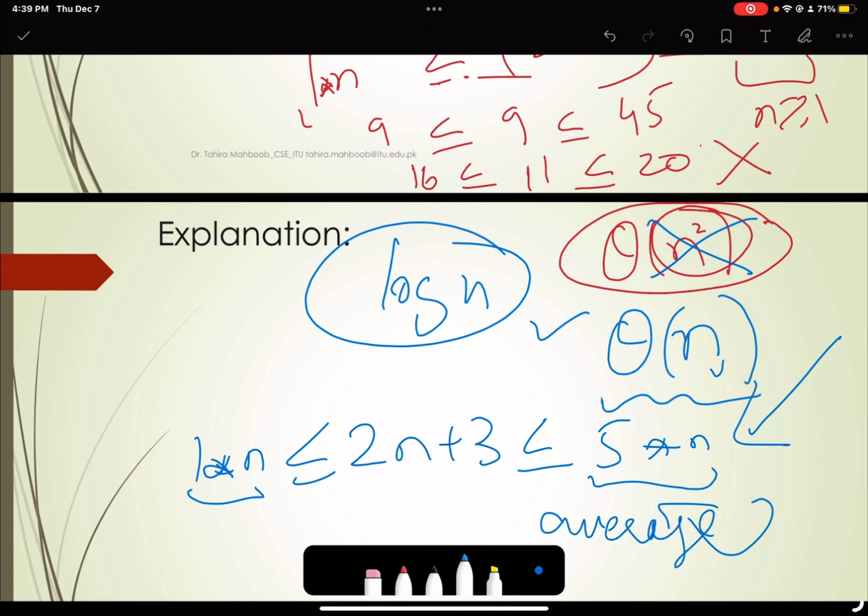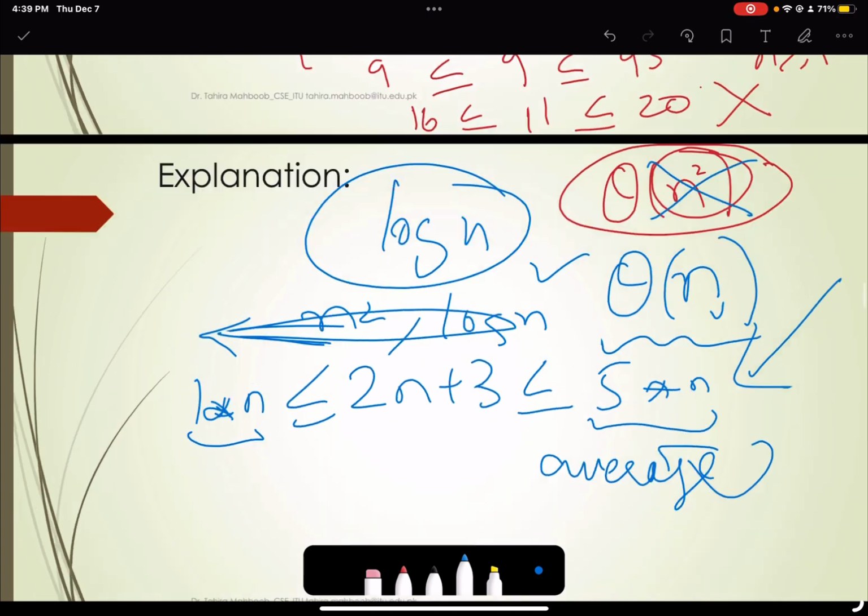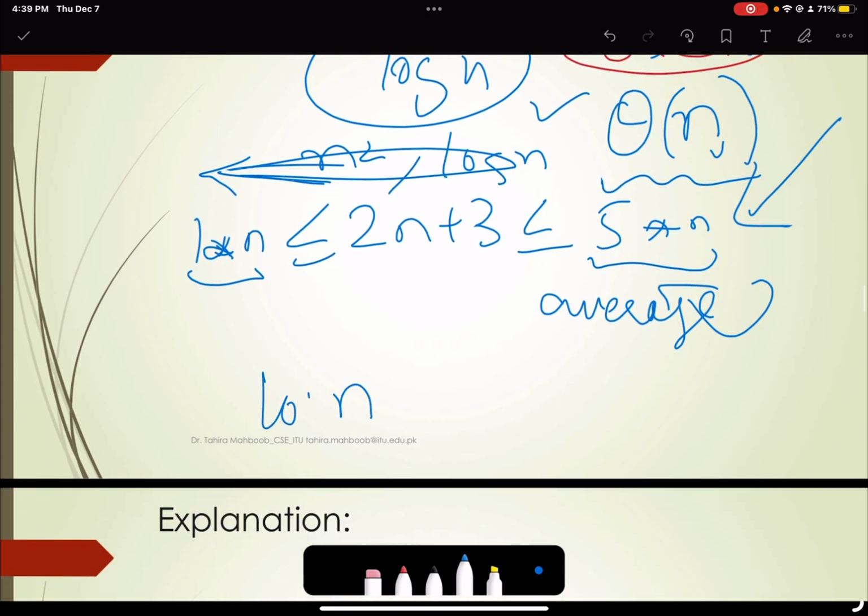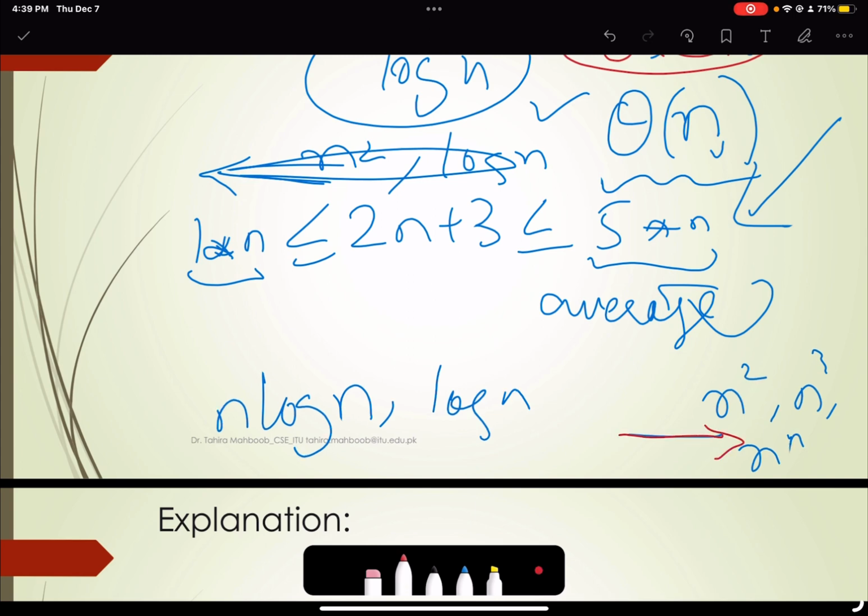For all other functions, n squared or log n, either going towards the upper bound or towards log of n, n log of n, or going towards n squared, n cube, and polynomial values, it does not hold true.